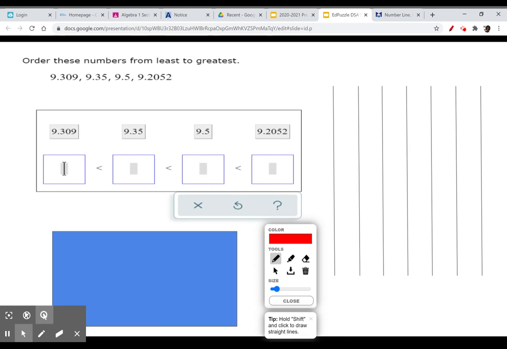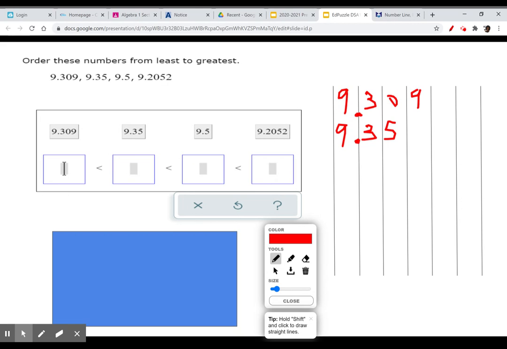Okay, to continue on, it says order these numbers from least to greatest. So as you can see, I've already partitioned some lines over here for me to line up my numbers and see where everything falls. So the first number I have is 9 and 309 thousandths. I have 9 and 35 hundredths.